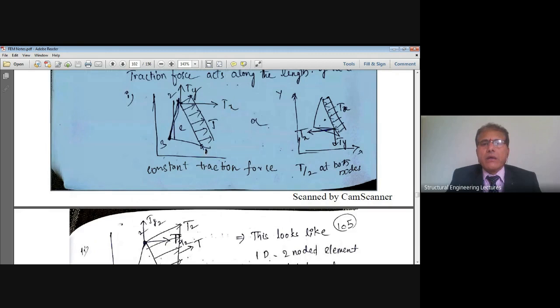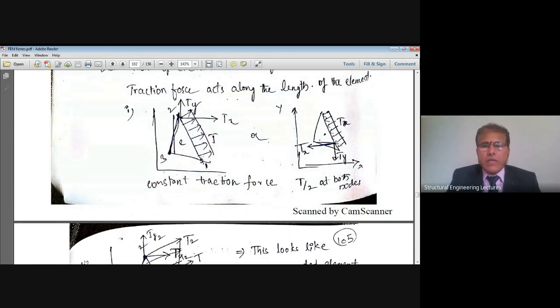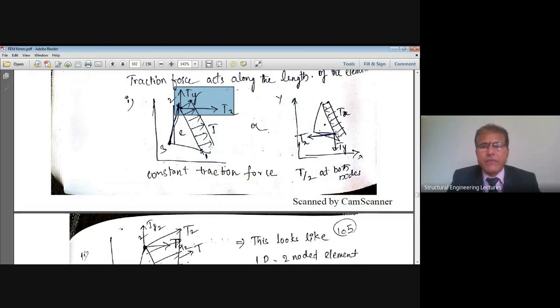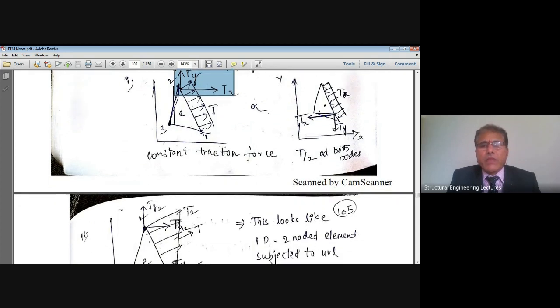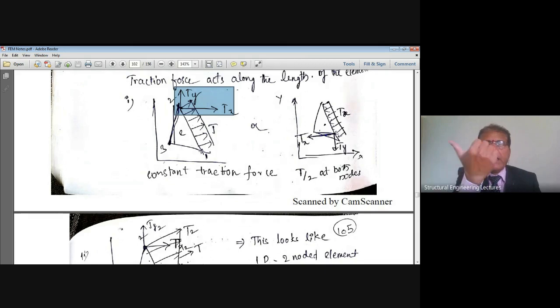Then what I'll do is split this traction force into two components, Tx and Ty, at each of these nodes. Along the x direction Tx, along the y direction Ty, right? If this traction force is acting in the positive x and positive y direction, then Tx is positive.